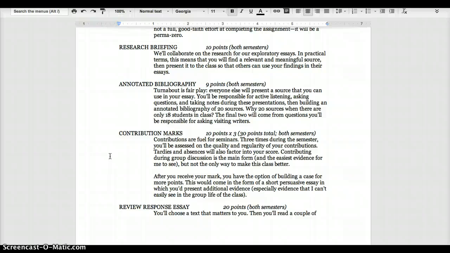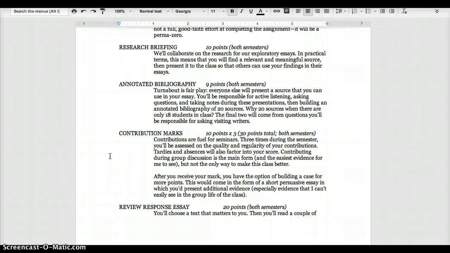So we have contribution marks in my class. This is 30 points over the course of the semester, so it's a significant share of your total points. And it's assessed 3 times throughout the semester. The first assessment is coming up here, so I thought I would just point this out a little bit.